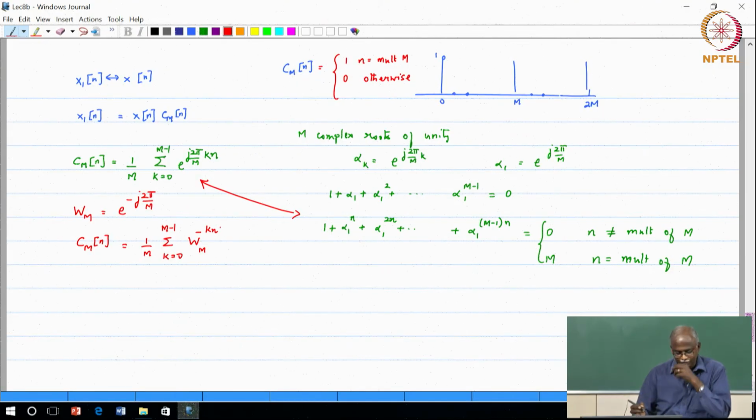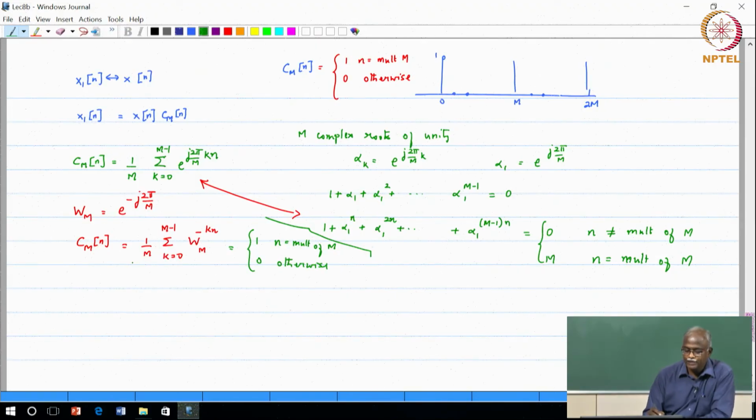Okay, because of the definition of Wm, there is a minus sign that comes in the exponent. And this you can verify, this is equal to 1 if n is a multiple of m and equal to 0 otherwise. So this is the comb sequence, what a very compact representation.